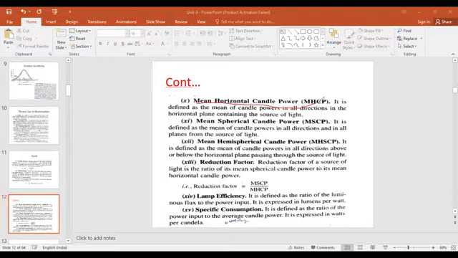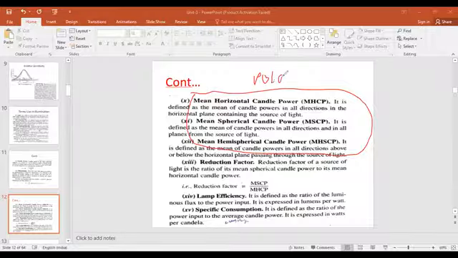Now, mean horizontal candle power. So what is this mean horizontal candle power? These three are applications of the polar curve. Why we use the polar curve, we will read ahead. We can easily calculate mean horizontal candle power, mean spherical candle power, MSCP, and mean hemispherical candle power, MHSCP.